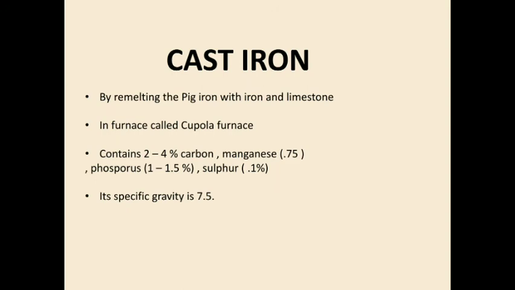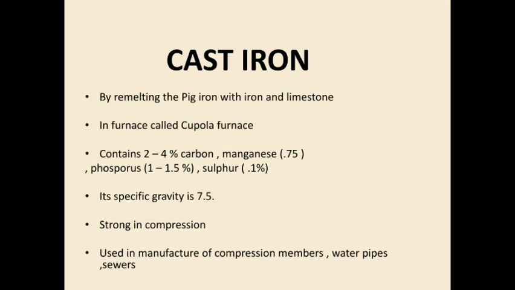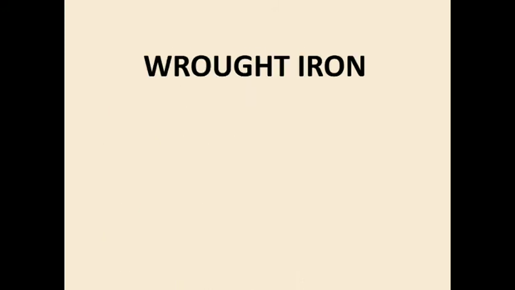Its specific gravity is 7.5. It is very strong in compression, so we can use it in the manufacture of compression members, pipes, sewers, etc. So that was about cast iron, which is obtained from the remelting of pig iron in the presence of coke and limestone.